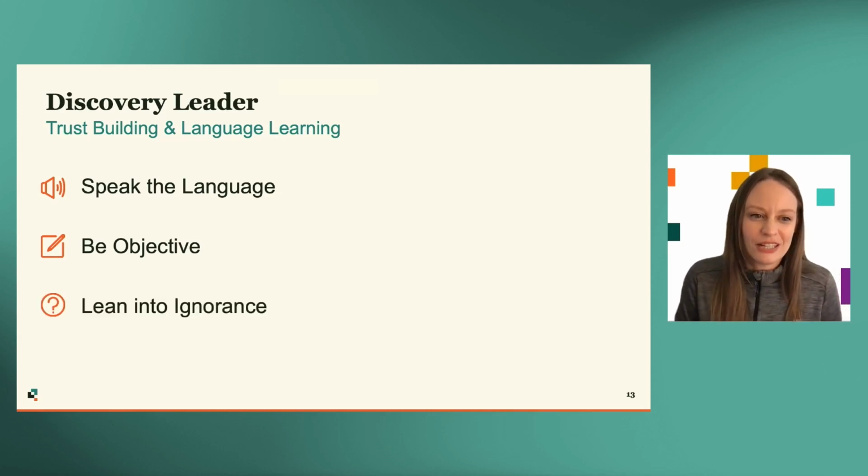And I would say finally, in this trust building phase, you really want to lean into your own ignorance and also rely on your subject matter experts. The people in the group to answer these questions, while you may have advice on them, are really the ones that will give you the best input as to the natural progression of their workflow.